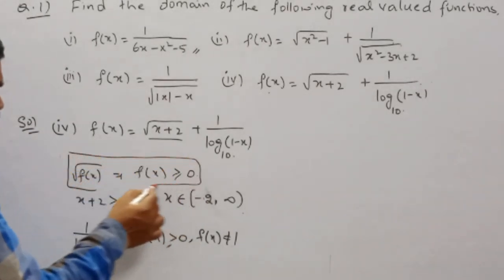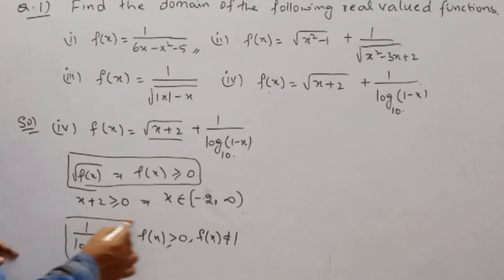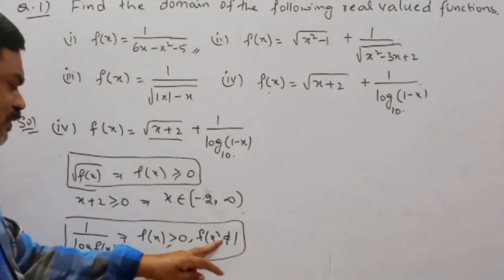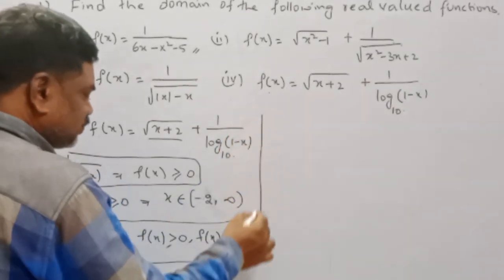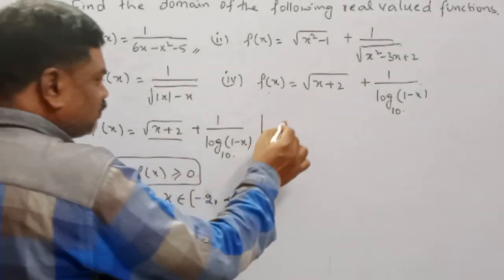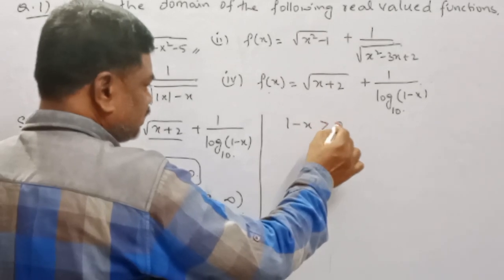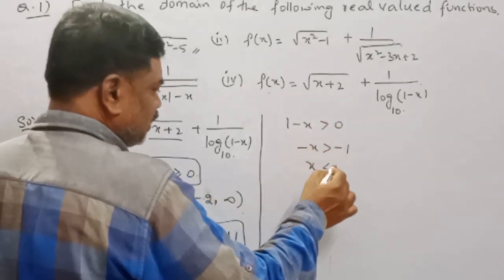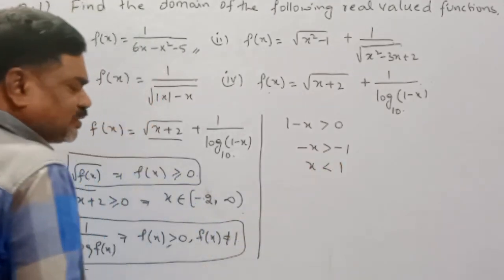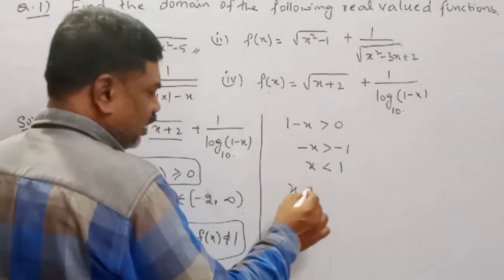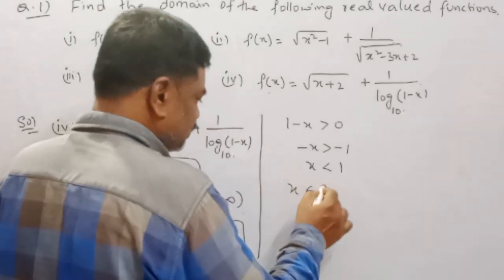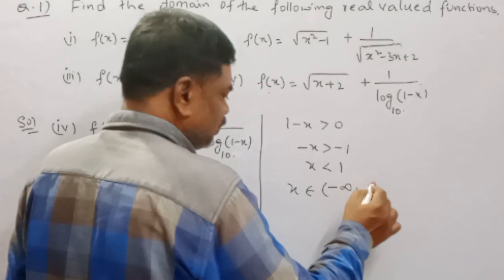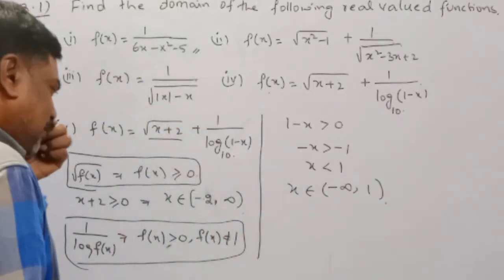That's why for this function, 1 minus x greater than 0, minus x greater than minus 1, x less than 1. That is x belongs to minus infinity to 1 open interval.